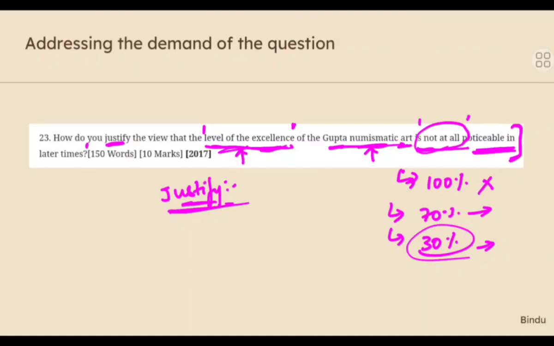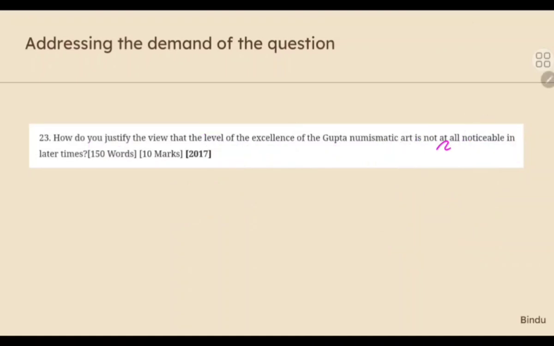Next, observe this phrase very, very carefully: not at all noticeable in later times. The examiner is putting this here because he is questioning us: whatever excellence the Gupta people were carrying in their coins, was it not at all noticeable in later times? Aspirants who give prelims, we all have given prelims, right?